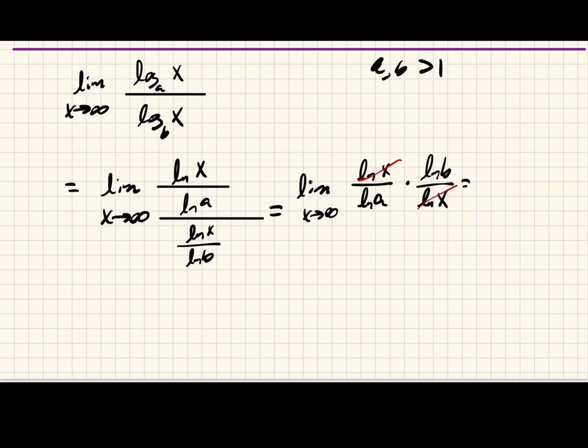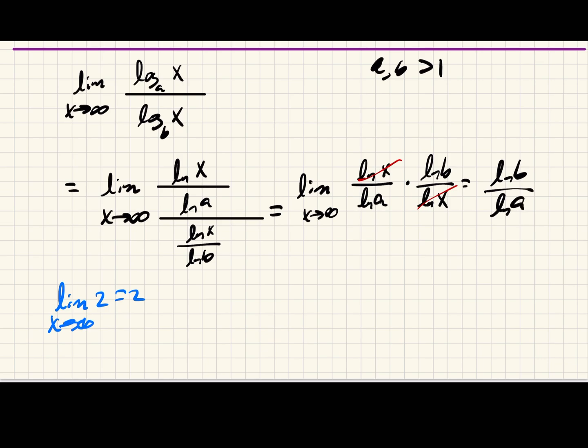It's just the constant value. There's no x to plug in there. It's like this: what's the limit as x goes to infinity of 2? When x is infinity, what's 2? Yeah, it's still 2, isn't it? So this is just natural log b over natural log a.